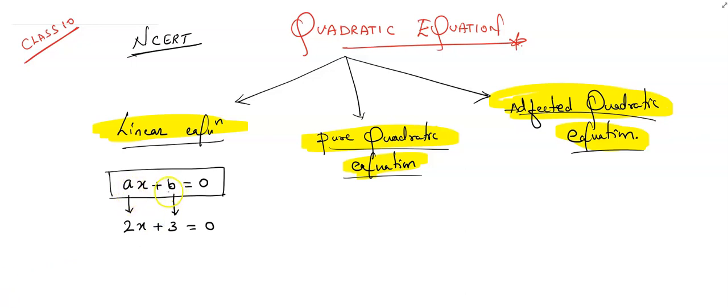Okay, here a and b we call coefficients. And here we can see x, that is nothing but the variable. If nothing is written on x, we have to assume the power is 1. If the power is 1, then we call that a linear equation.